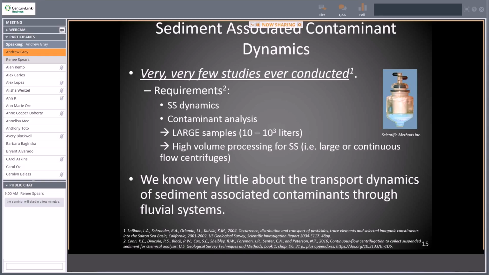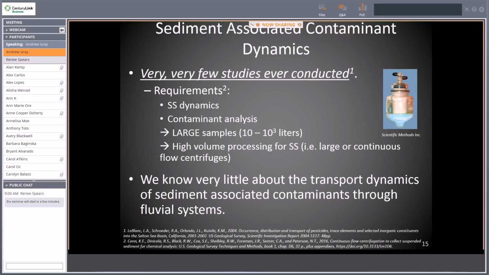Because really, you need to have the suspended sediment dynamics analysis going on as well, and you're adding on this contaminant analysis that can require the acquisition of pretty massive samples, particularly if you're dealing with a system that has a fairly low suspended sediment concentration. And that high-volume processing requires large centrifuges or even more specialized continuous flow centrifuges.